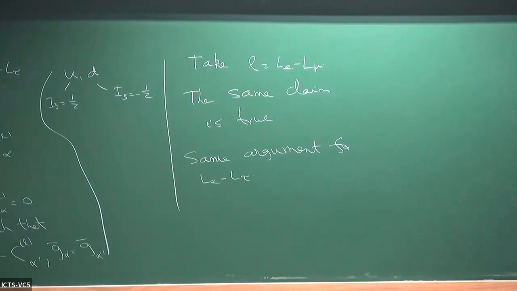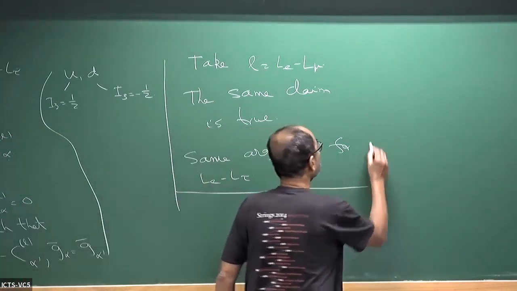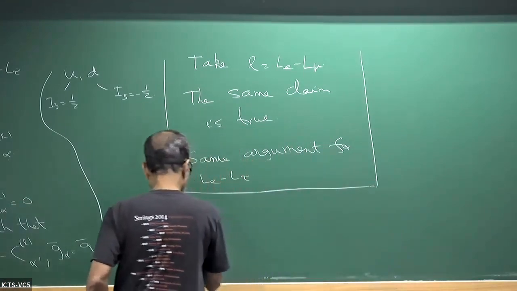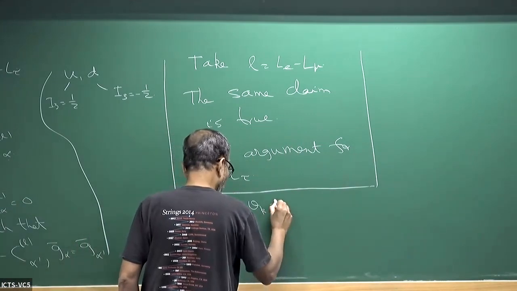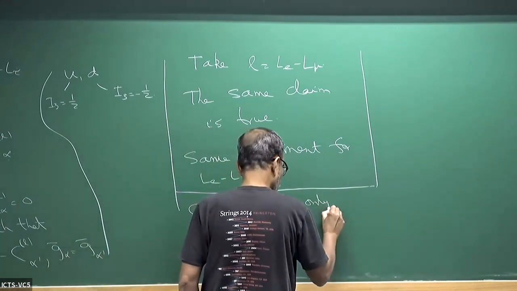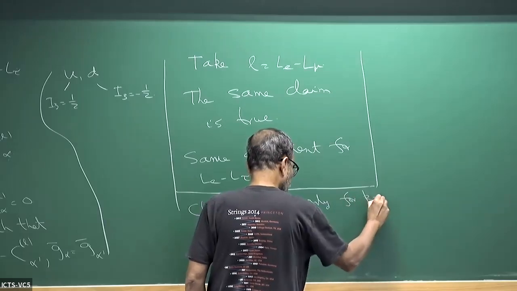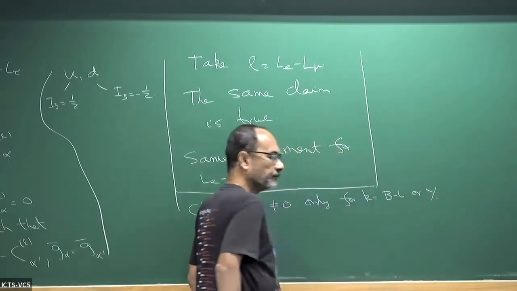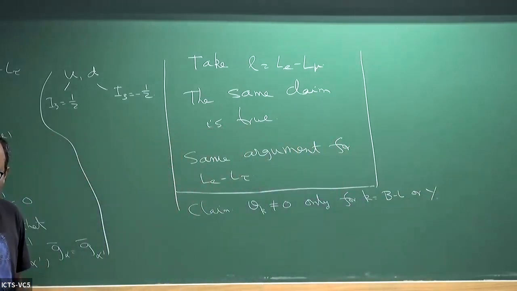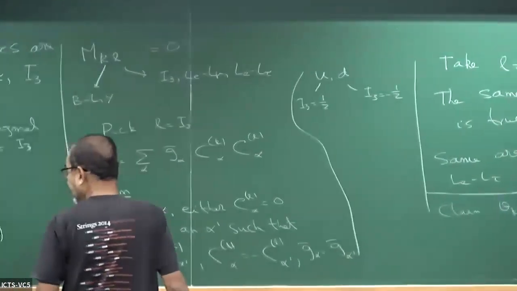Next, we will make another claim, that Vk is non-zero only for k equal to B minus L or Y. So Vk, let me remind you the formula.